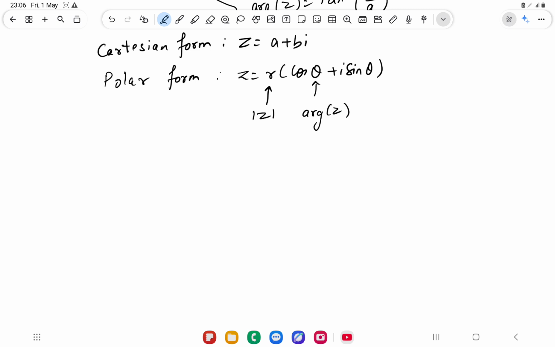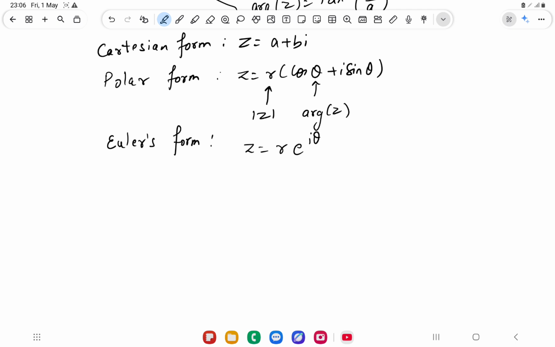So if we have these two things, we can write in the polar form. We have another form, Euler's form. Euler's form means I can write my complex number as r e to the power i theta, and my r is again the modulus and theta is my argument.